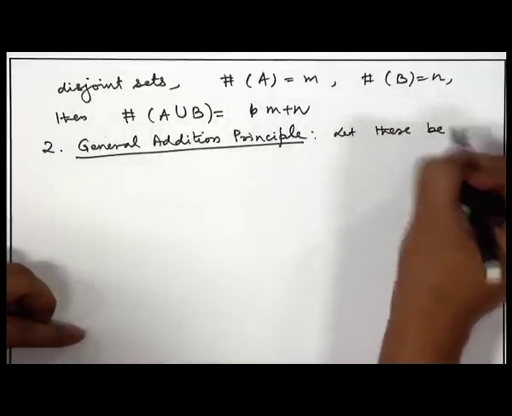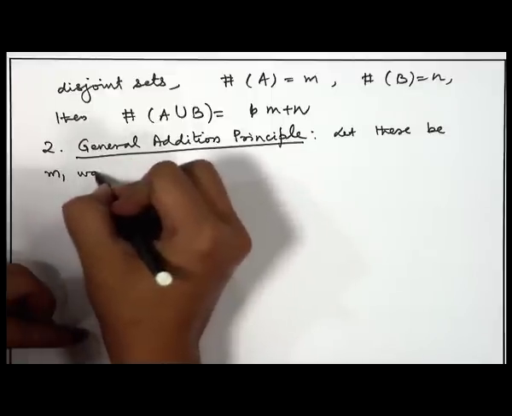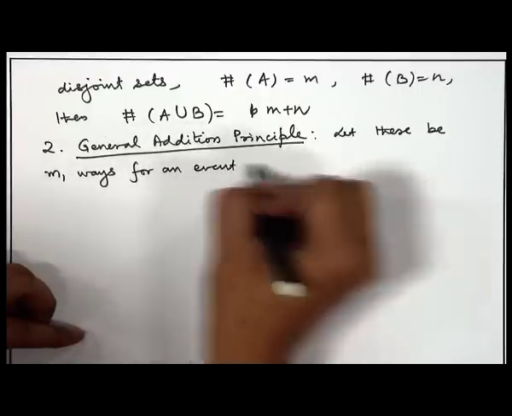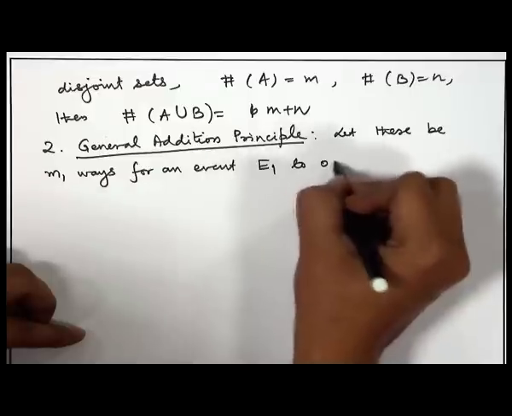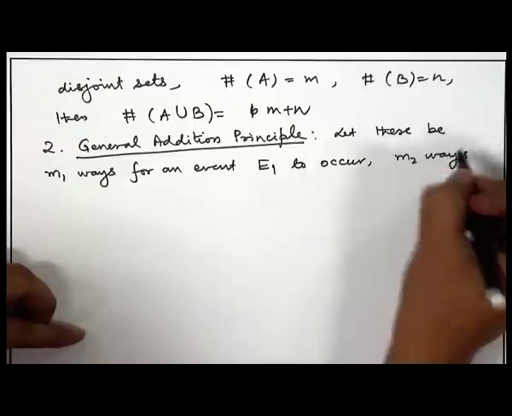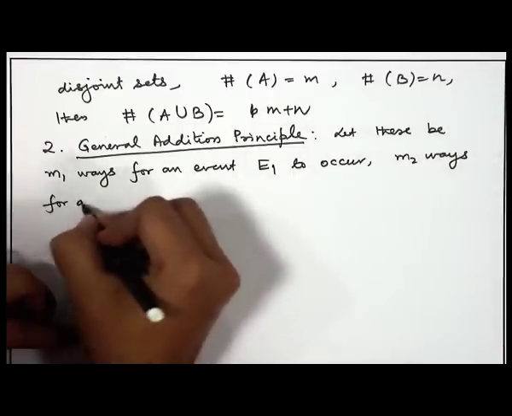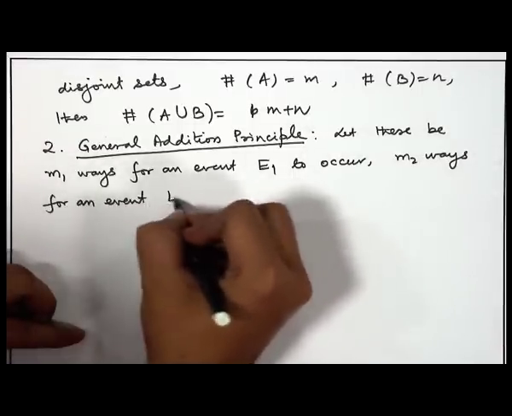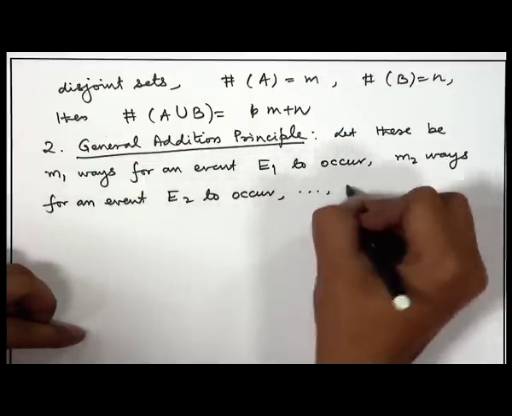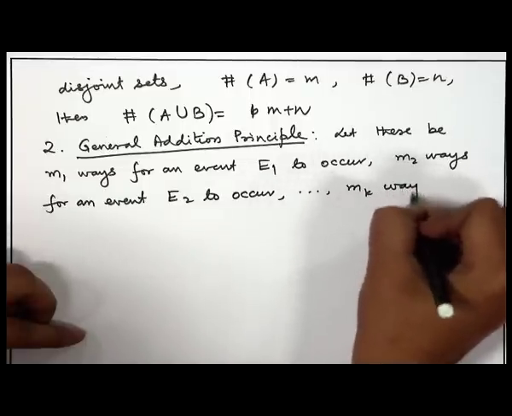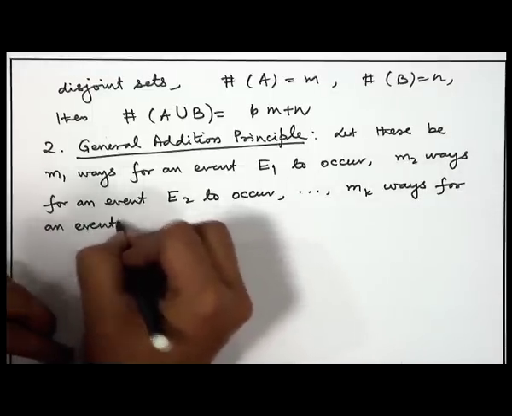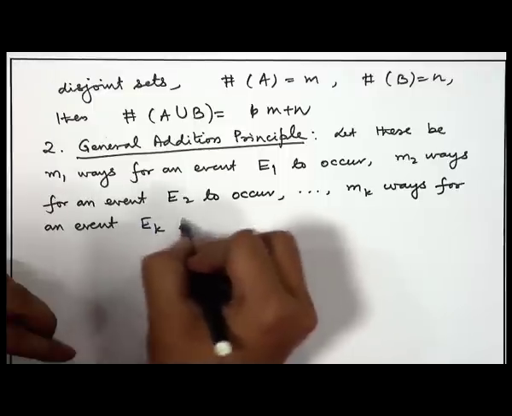Let there be m 1 ways for an event E 1 to occur, m 2 ways for an event E 2 to occur, and so on, m k ways for an event E k to occur.